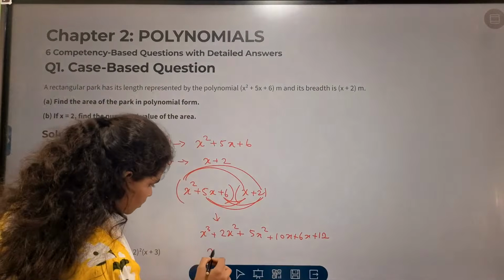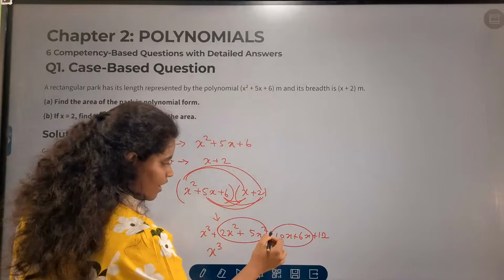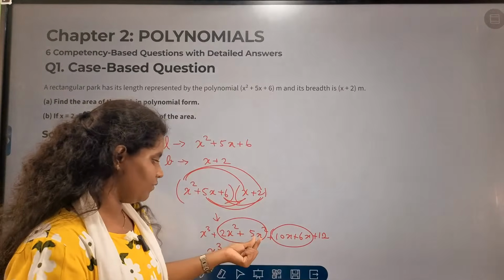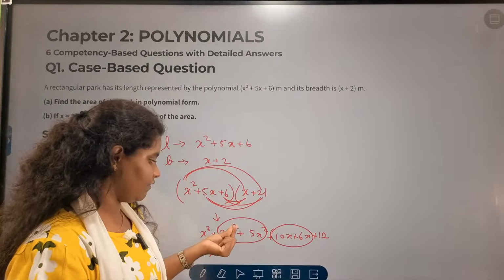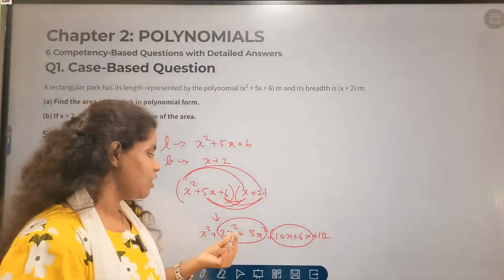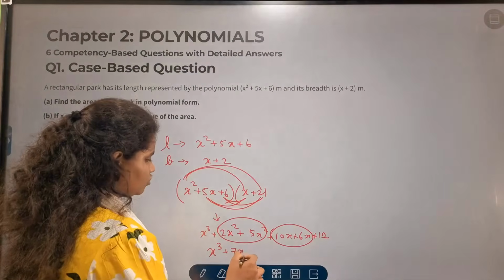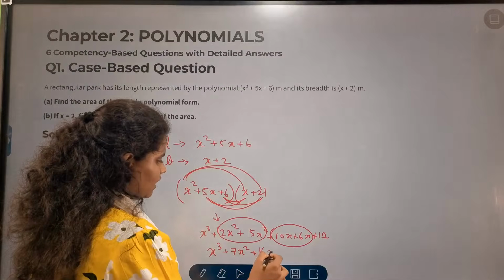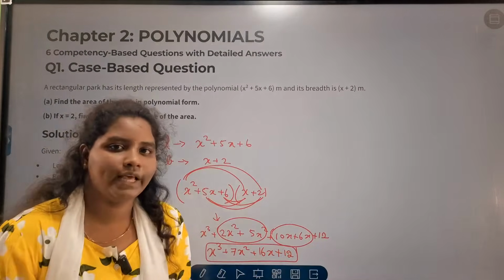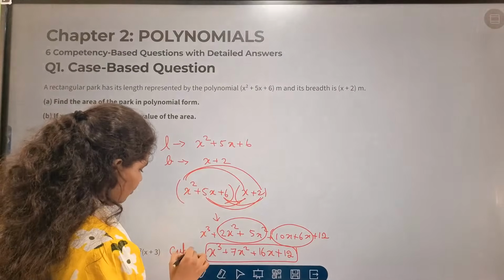Here we have like terms: if we have the same power, here x square and here x square, both are like terms, so we just add the coefficients. 5 plus 2 is 7, so x square becomes 7x square plus 16x plus 12. So we'll get the answer in cubic form. What is cubic?